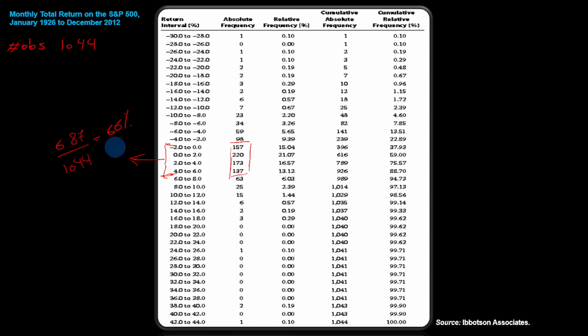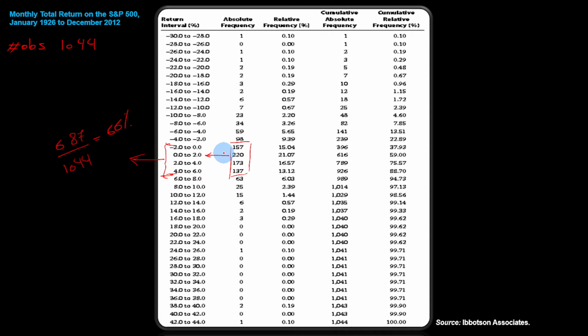So that's pretty big, right? 66% of all of our monthly outcomes are only in these four intervals, spanning from minus 2 up to 6%. And by the way, in the 0 to 2% interval we have the most returns: 220 monthly returns are in that interval.